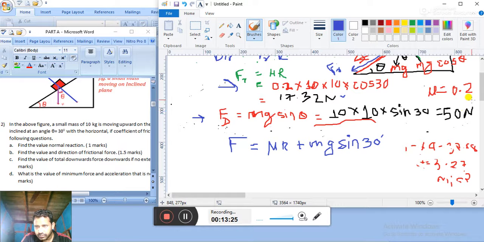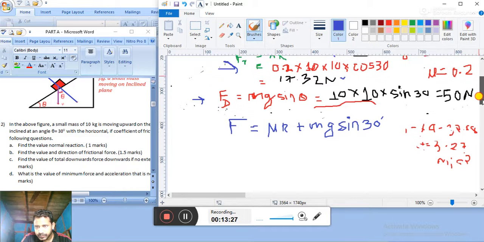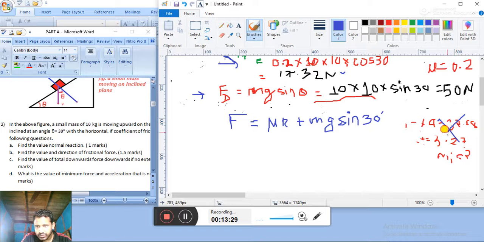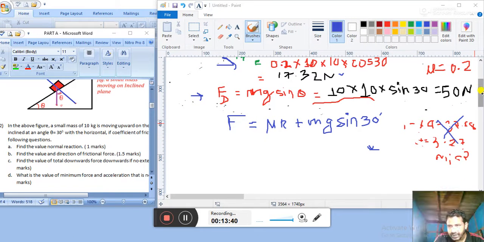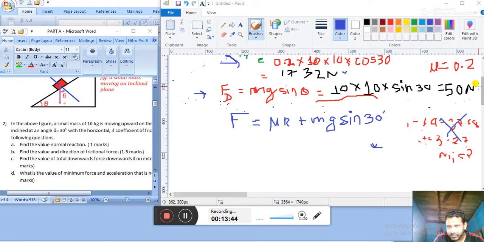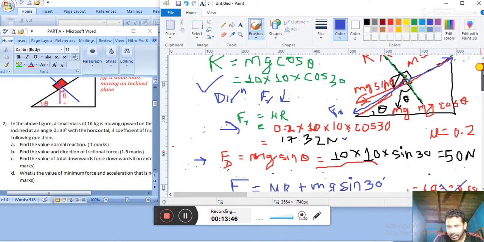Okay, let's move down. Now from here you will get the force. Now the question asks: what is the value of the minimum force and acceleration? It means that the body needs this mu R plus mg sin theta acting downward. So the same force should be acting upward.